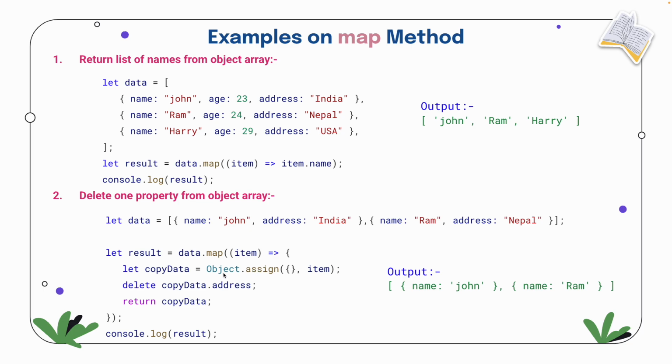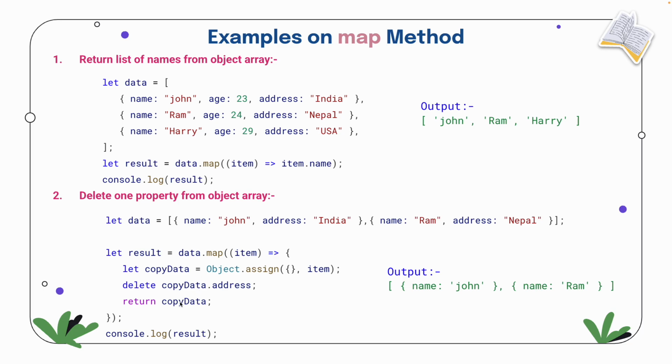We are doing map. Okay, we'll see this later because this is not what I have to discuss, since Object.assign is there. It's just creating a new object item and then deleting the address, and then returning the respective data.